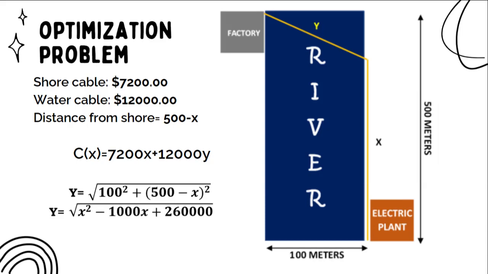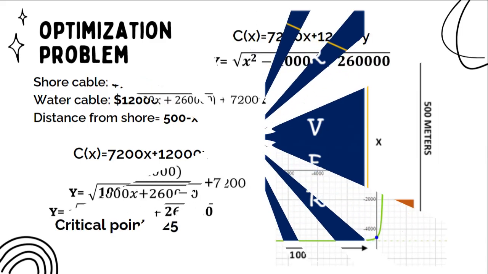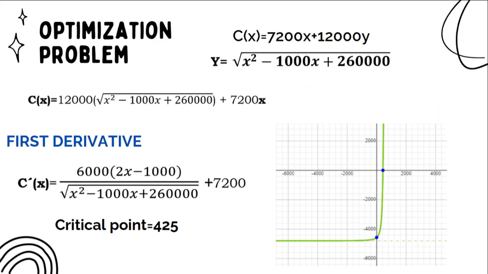I have the data of this part: the 100 meters of the river squared plus the measure of the short cable, that is 500 minus x squared. Then I developed the function, and that's it. The next step is to substitute in the general function the value of y that we calculated before.